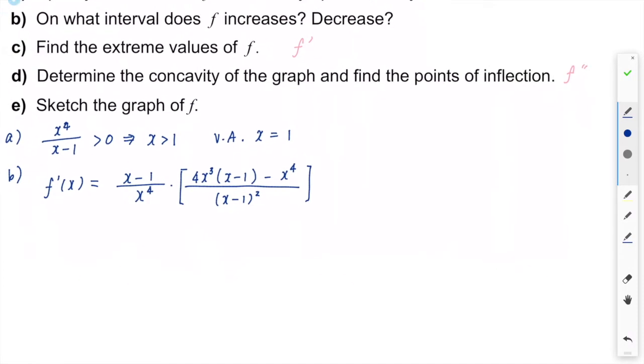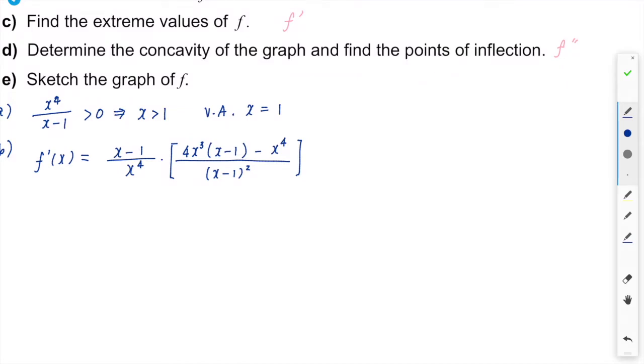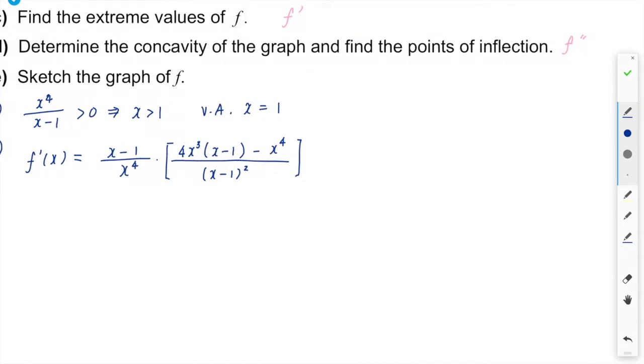Okay, let's see what I can simplify here. The top part, inside the square brackets, I have 4x cubed times x, which is 4x to the 4 minus x to the 4, 3x to the 4 minus 4x cubed.